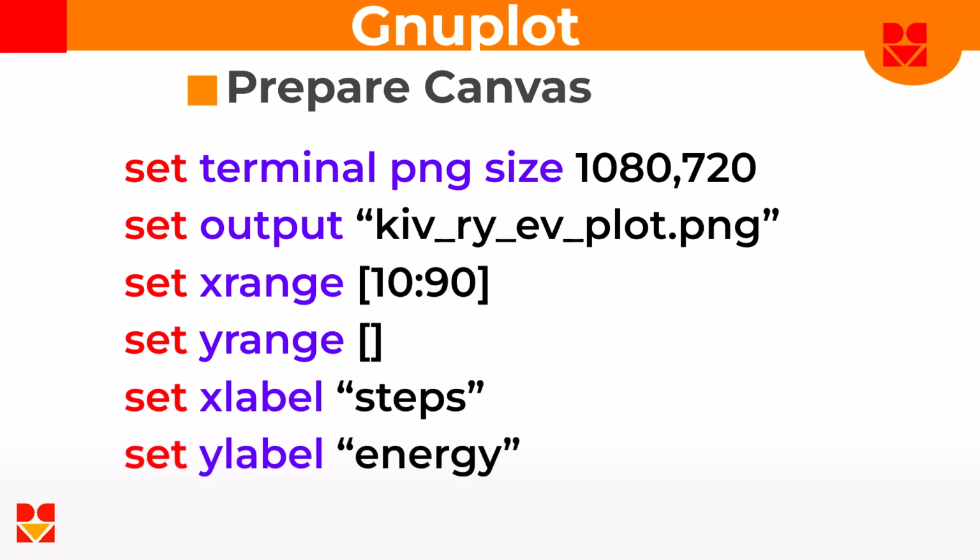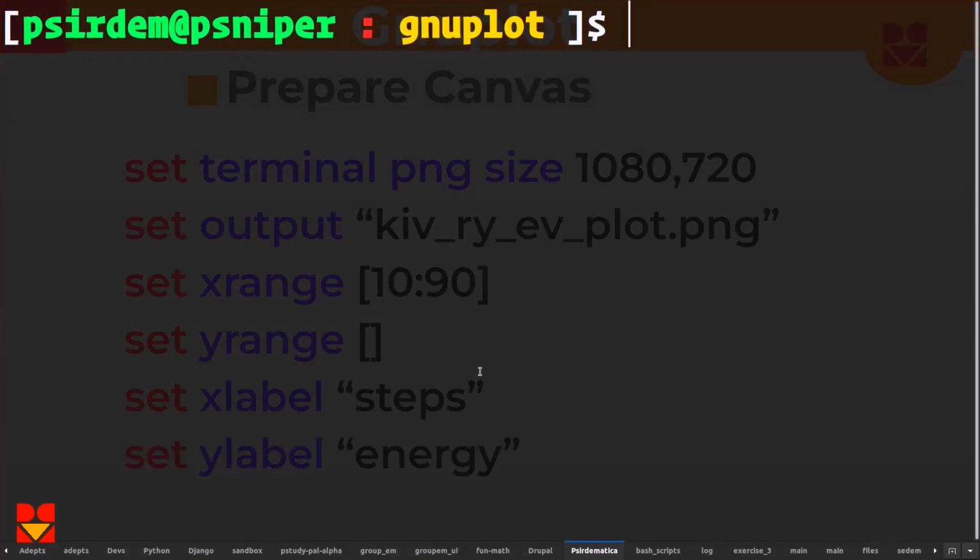But as always, if you want to write a script, you first have to open your favorite text editor. You can use gedit, you can use VS Code, you can use Nano or Vim if you want to. So maybe for this video I'll use Nano, and then the name of the file. So let's say gnu script 1.